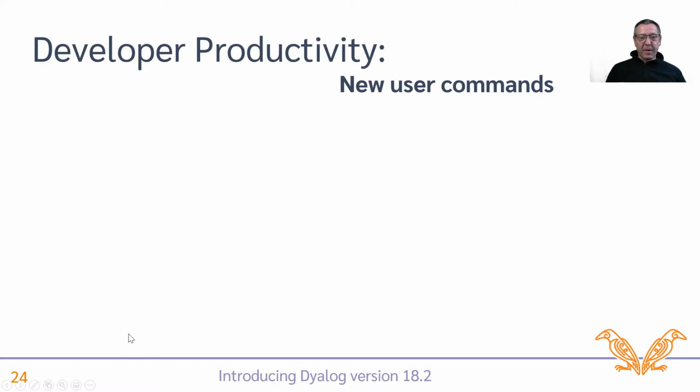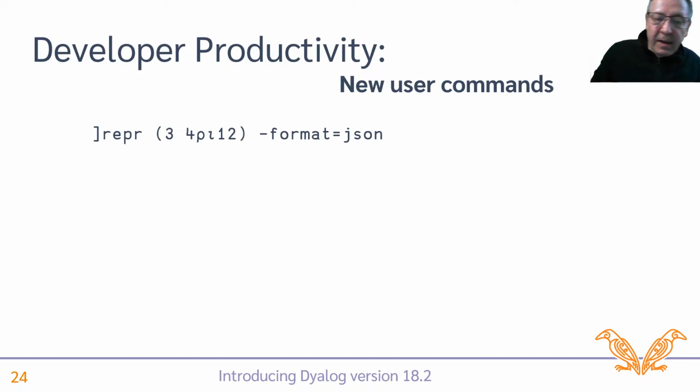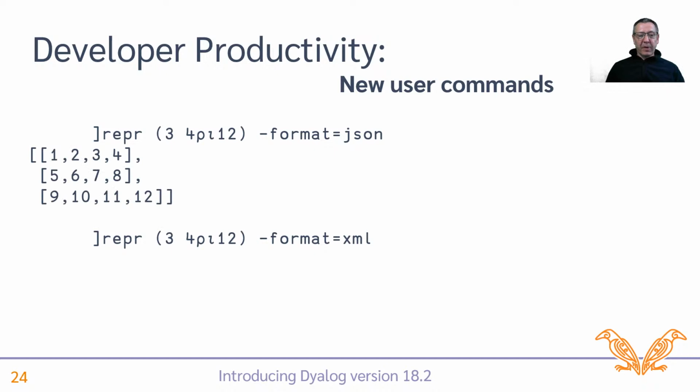Very useful. There's a user command called represent, which allows you to represent data in a wide variety of formats. So for example, here we have a little matrix and we say, please represent that in JSON. And it does the best it can. JSON can't quite represent a 2-dimensional matrix, so we get a 3-element vector of 4-element vectors.